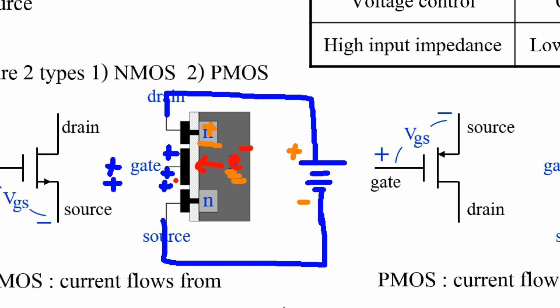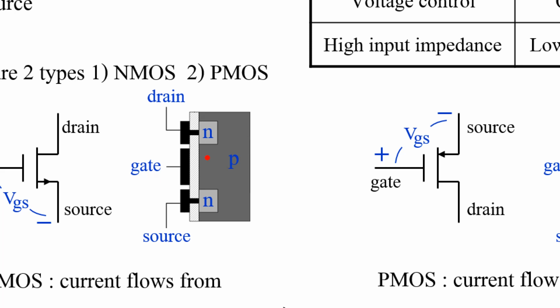That means the electrons will stop here, and the electrons will also move in this direction, and then stop or accumulate at this area.